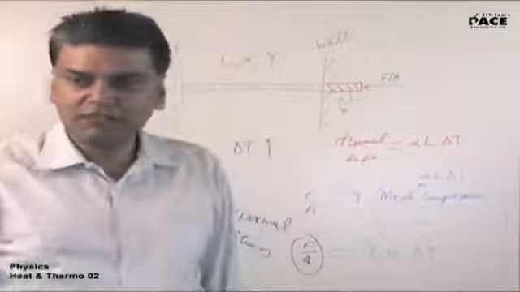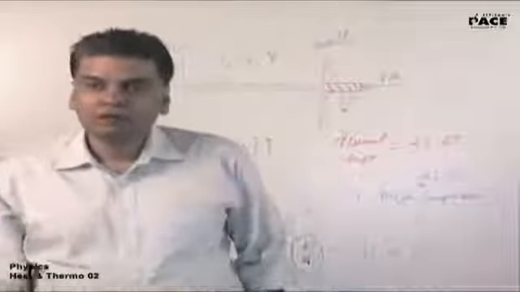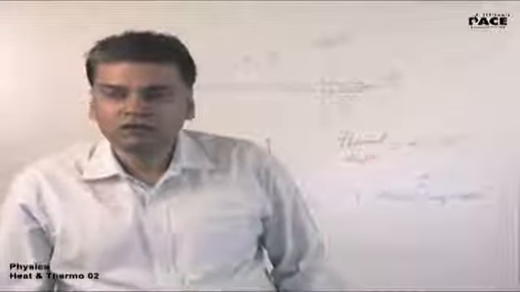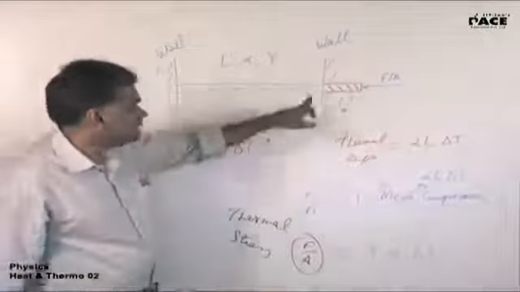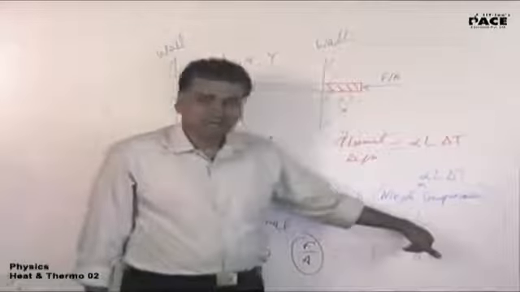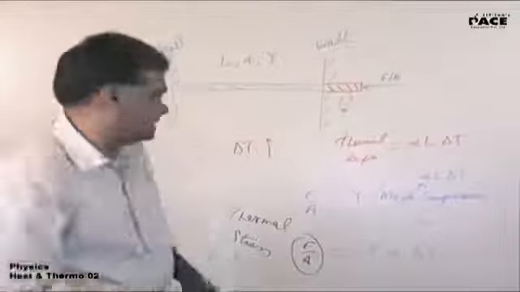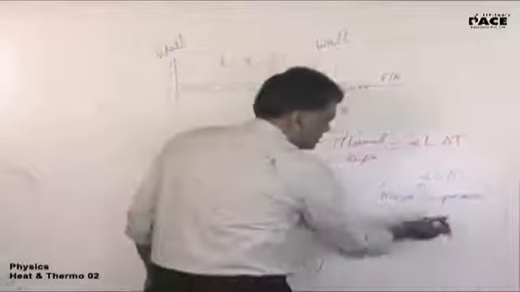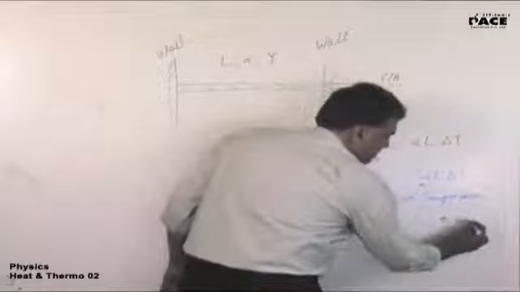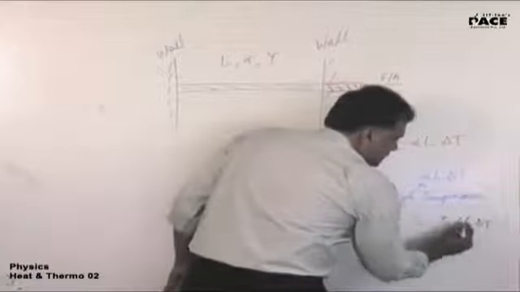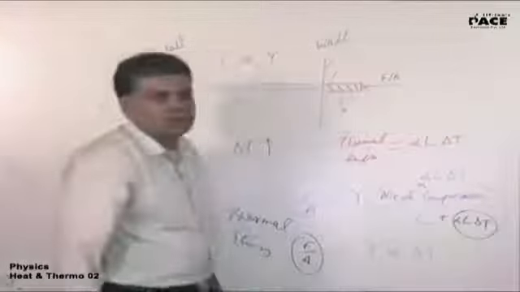Yeah, are you asking something there? So in the denominator, shouldn't it be L plus alpha L delta T, because the length should have been L plus alpha L delta T? Yeah, you are right, and it doesn't matter whether I take L or not because this ratio is going to be near about same. If you talk very exactly, yes.